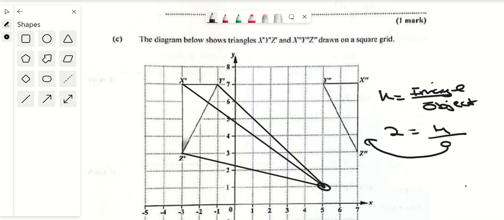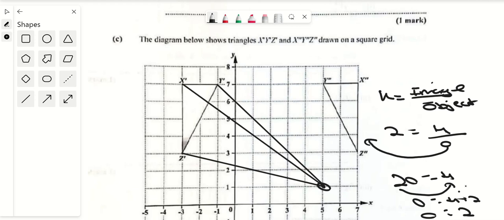Divide by O becomes multiply, so 2O is equal to 4. You carry across 2 because you want to have O by itself. So O is equal to 4 divided by 2. So my object would be 2 units in length.